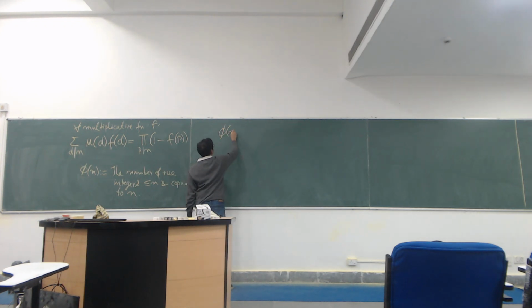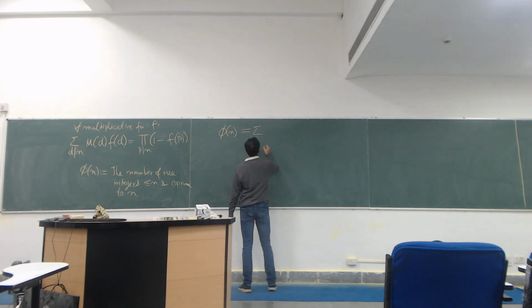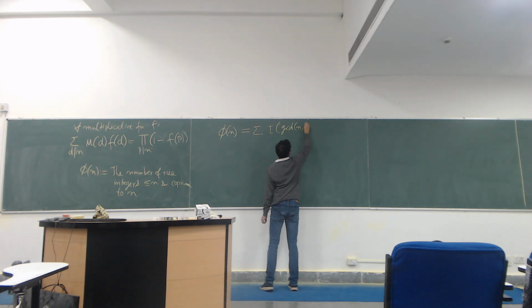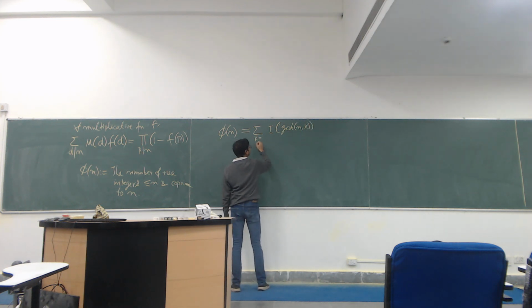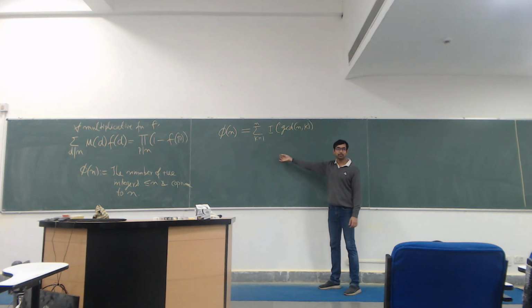So you have phi(n) as the sum over k, where k is varying from 1 to n, of the gcd of n and k indicator. So if this is 1, you are having 1, otherwise you are having 0.